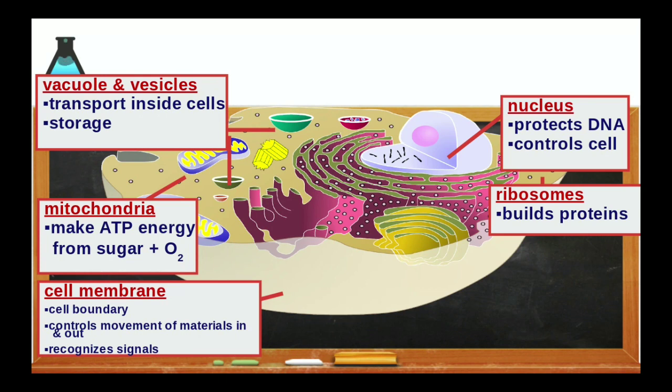So those proteins are built in the ribosome. Now, in order for the ribosome to build proteins, materials must enter and exit the cell through the membrane, and many of those materials are going to be used by the mitochondria to produce energy.